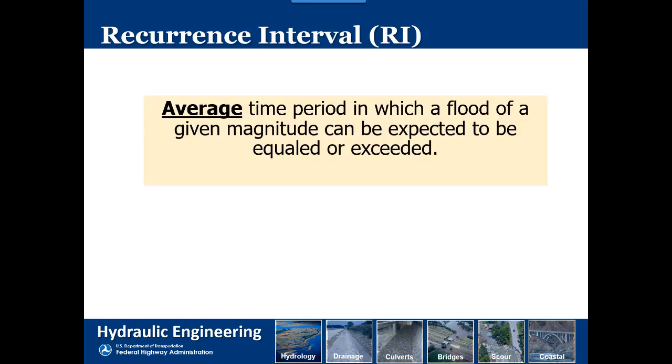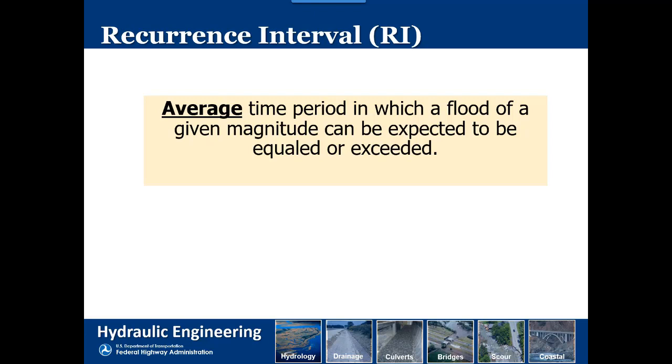Okay. I know this was done in that video you saw, talking about recurrence intervals. What I want to stress here is that the recurrence interval is the average time period in which a flood of a given magnitude can be expected to be equaled or exceeded. If I say a 10-year storm, are you only going to see that storm once in 10 years?